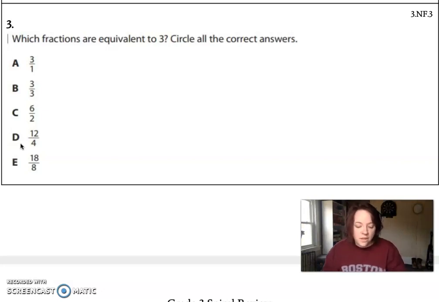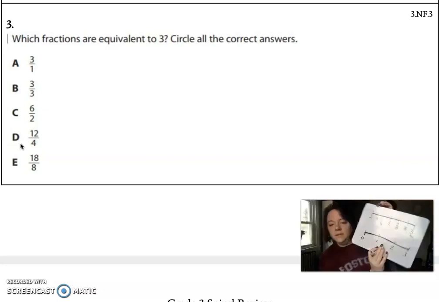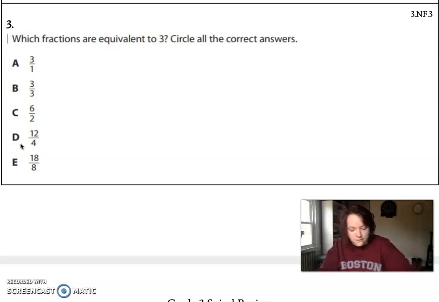B, 3/3. Well, let's draw it out. I probably don't even have to draw this one out because you guys are so smart that you probably already know that 3/3, if it's the same, it equals a whole. I'm going to draw it out just so you have it. Okay, let me get rid of the top so you're not confused.